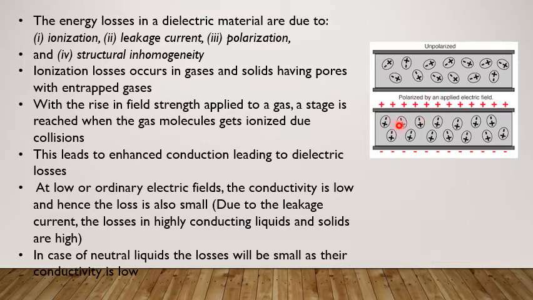If highly conducting liquids and solids are used, there will be more losses due to leakage current. In the case of neutral liquids, there will be less polarization, because more polarization causes energy losses. So for neutral liquids, the dielectric loss will be small, as neutral liquids have less conductivity.